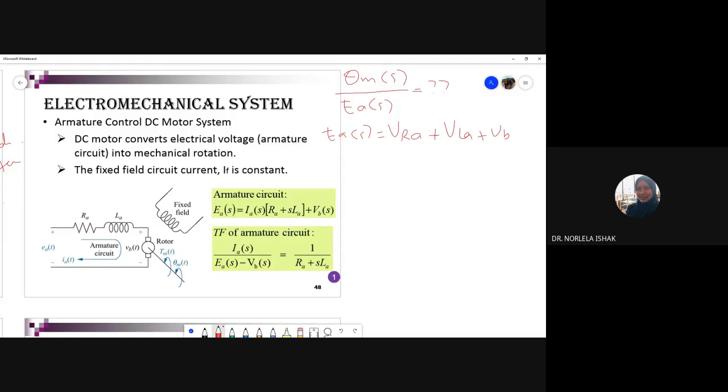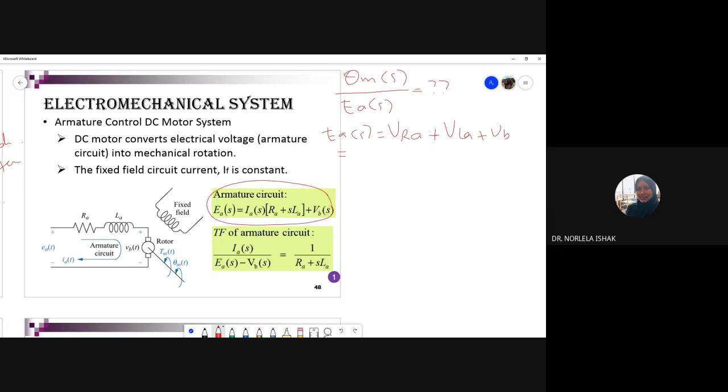plus the VB. I already talked about what VB is, right? VB is our back EMF generated from the rotor. So from here we rearrange this and we can get this.